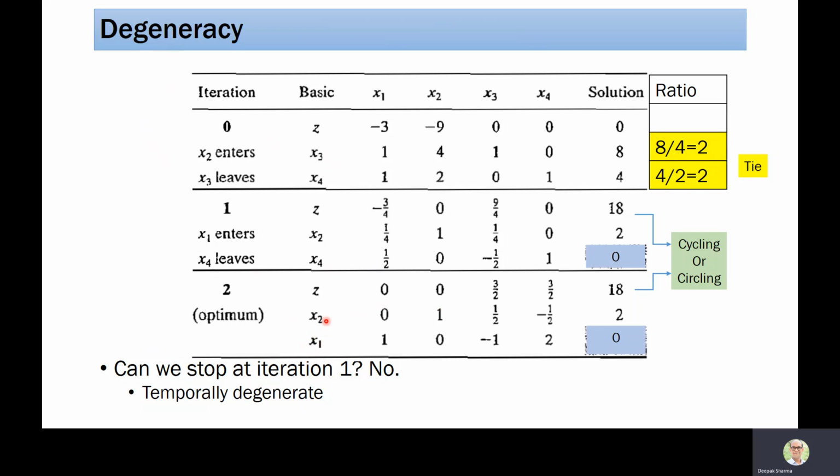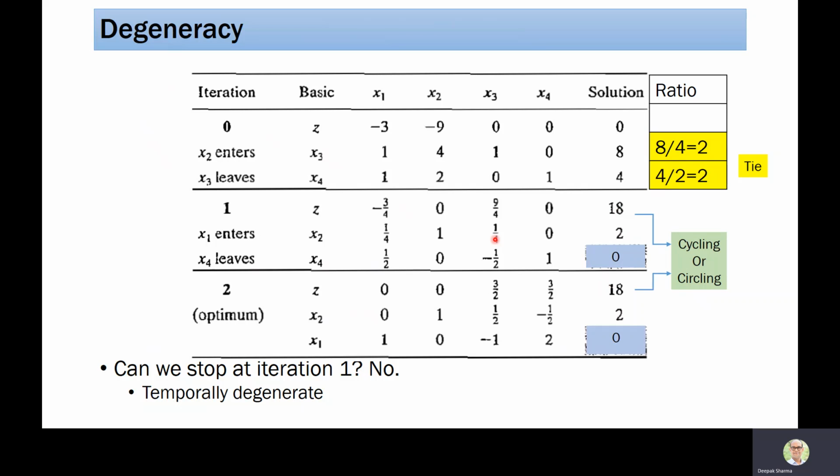So X2 is 2 and X1 is still 0, although it is 0, but it is basic. The objective function value is the same. This is the cyclic nature where you are moving from 1 to 2, but our optimum solution remains the same, and the value of Z will also remain the same.